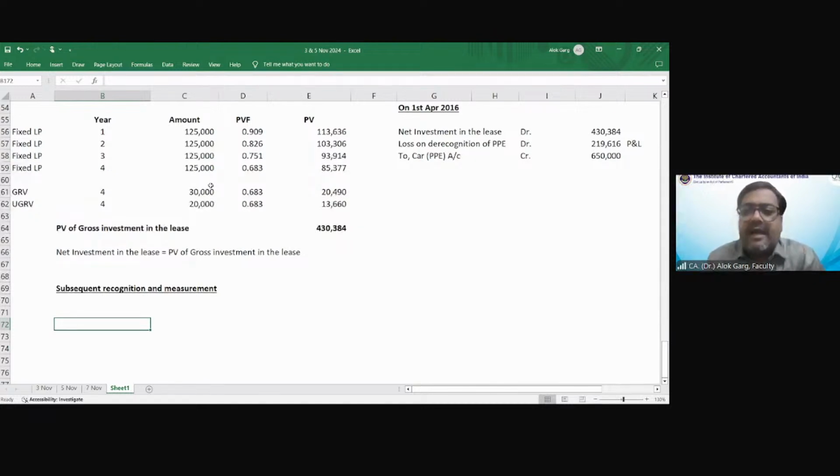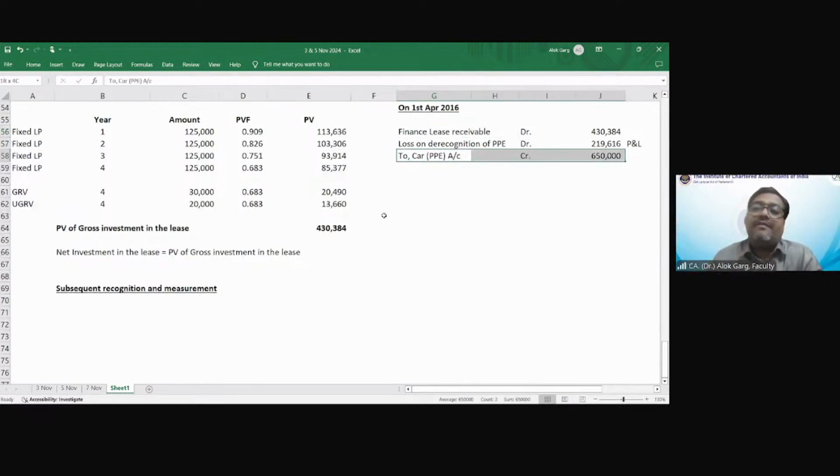I have recognized finance lease receivable, which is the net investment in the lease. So I recognized a financial asset and de-recognized a non-financial asset, because now onwards I will be getting the benefits from the financial asset.